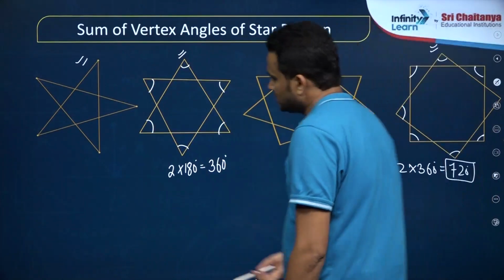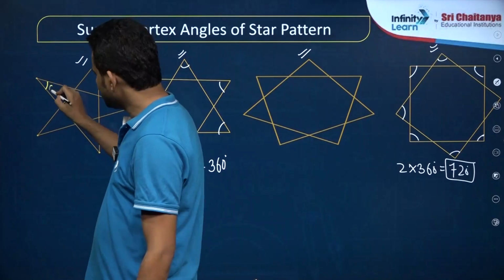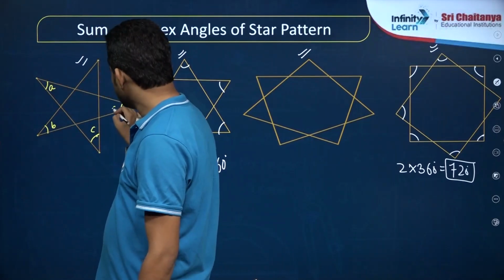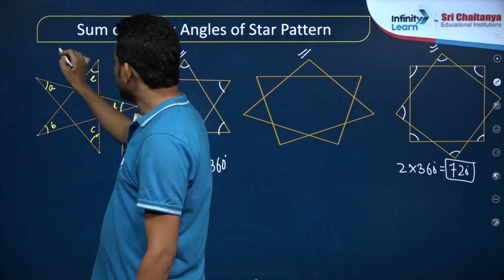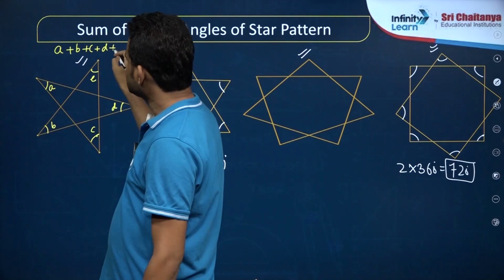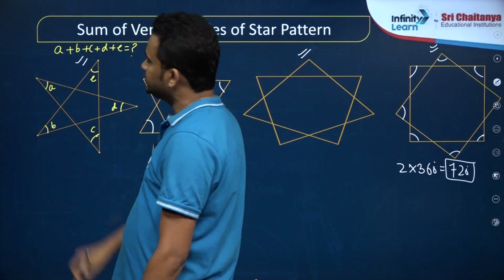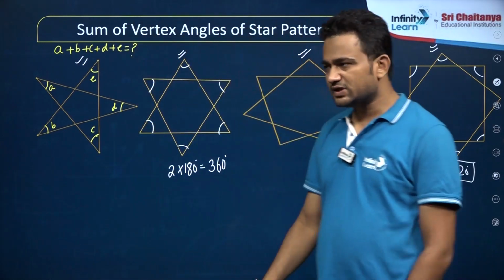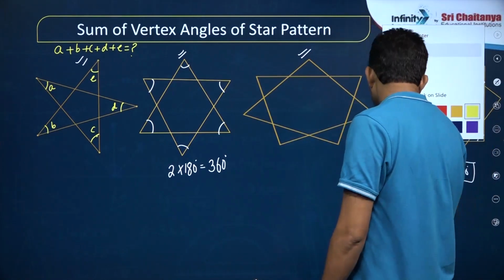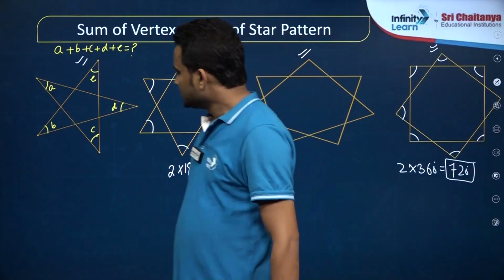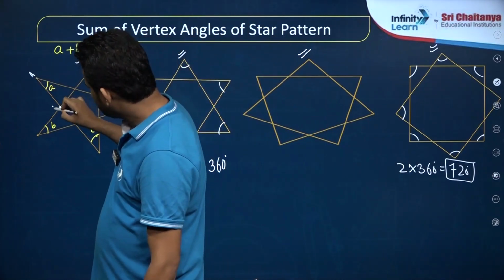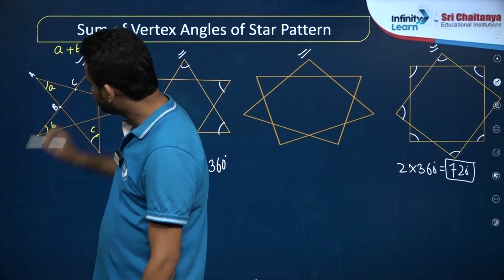See, we have to find, so let us say this is A, this is B, this is C, this is D, this is E. We have to find the value of A plus B plus C plus D plus E. How will we do this? I will solve this by using exterior angle property of the triangle, right? See guys, let me focus on this triangle only, triangle ABC, right?